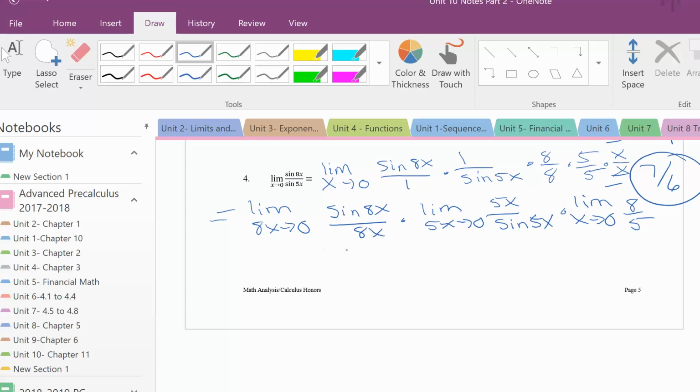So the limits of these are 1, 1, and then 8/5. So the answer is 8/5.